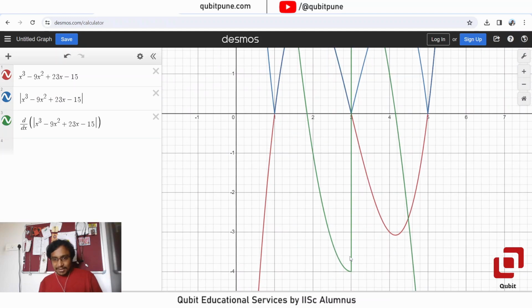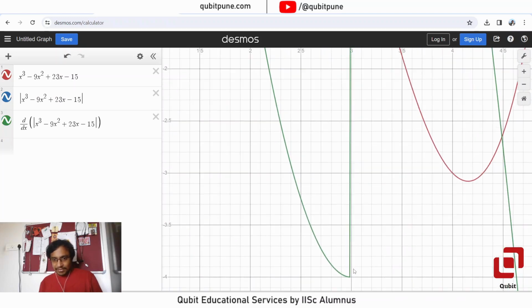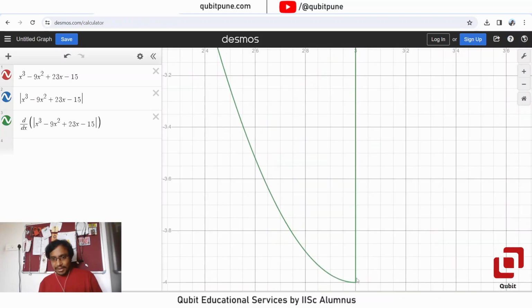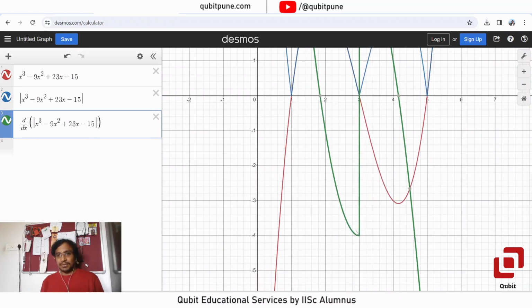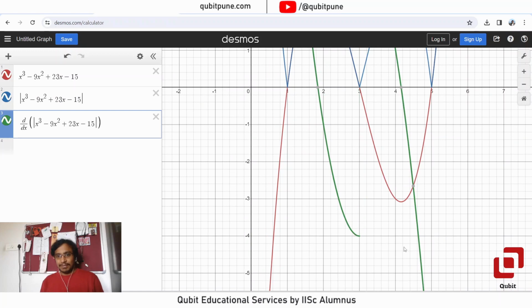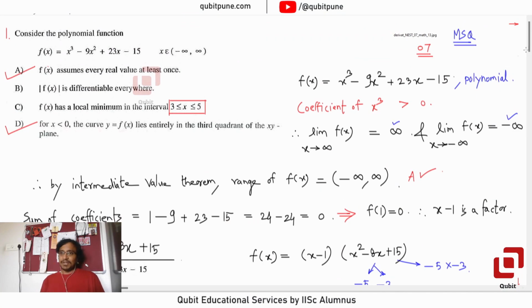This vertical line that the software has drawn is not right. There is a discontinuity that it's not capturing. The derivative is discontinuous there, and therefore the function is not differentiable there. Got it?